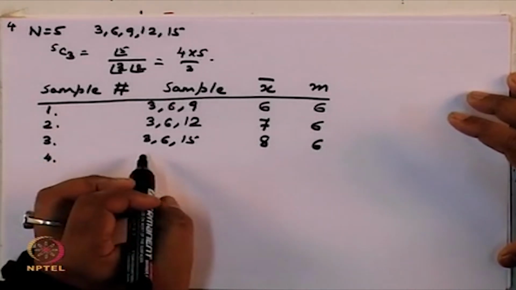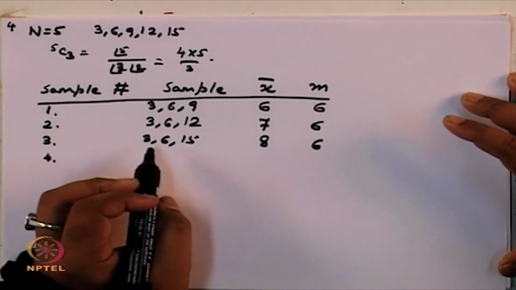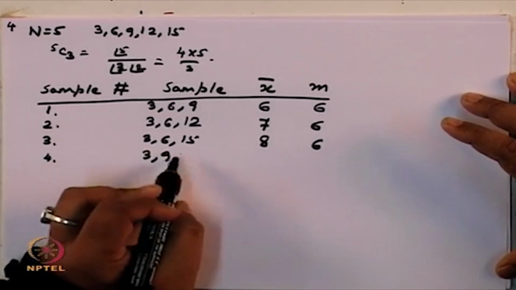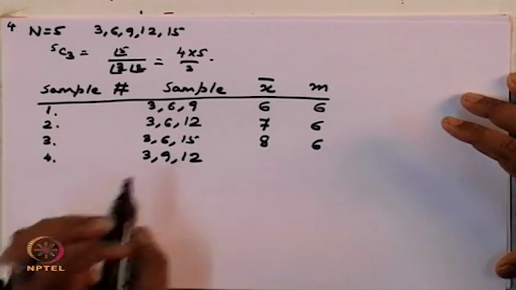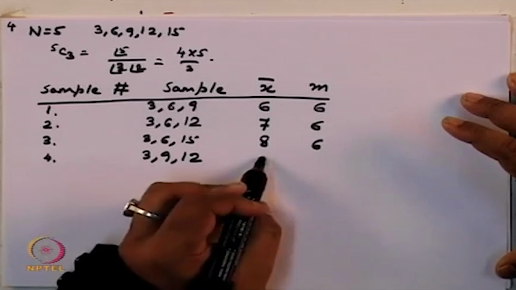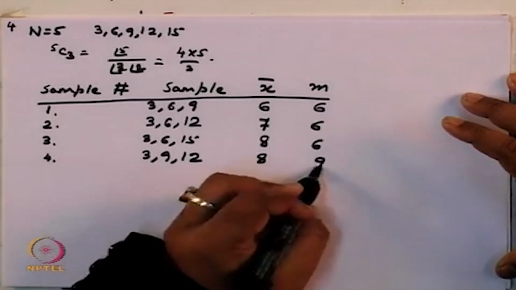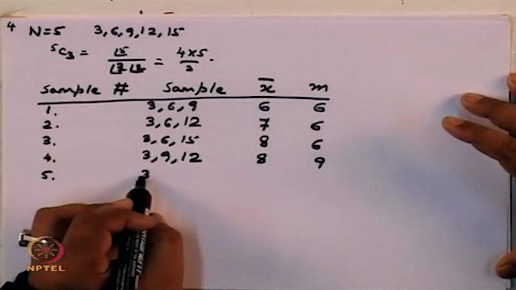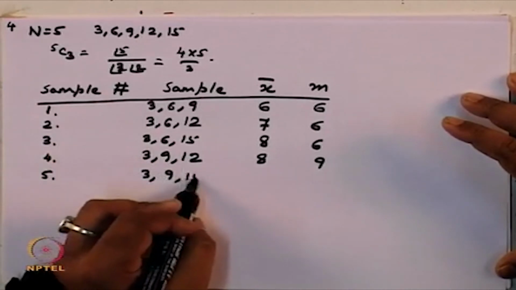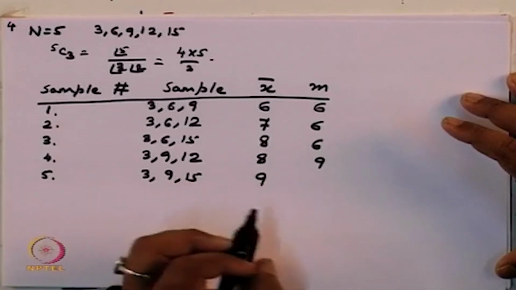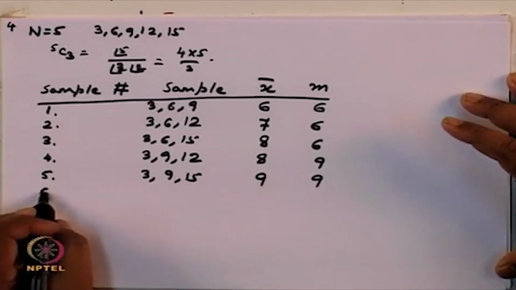Next, 3, 9, 12; the sum is 24, so x bar is 8, and the median is 9. Then I can do 3, 9, 15; the sum is 27, so my x bar is 9 and the median is 9.